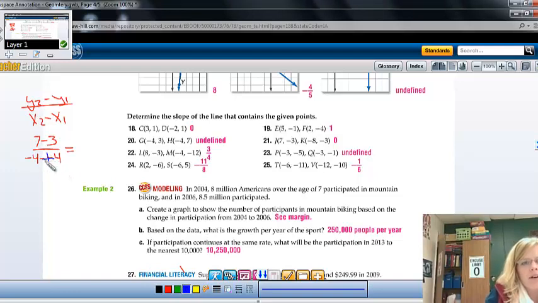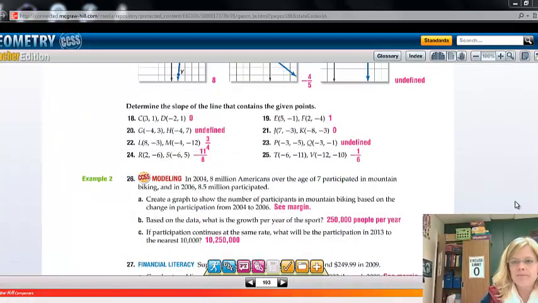Yeah, a plus sign, right? So that would have been 4 over 0. If you ever have 0 on the bottom, that is called undefined. If it was written as 0 over 4, well, 0 divided by any number is just 0. So that's why that one would have been 0. That's how you do 18 through 24, slope formula.